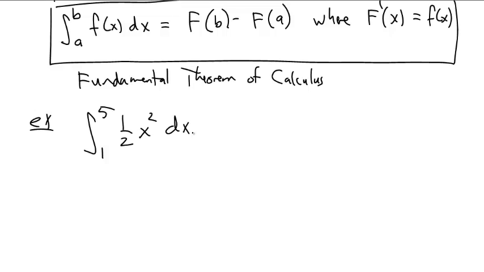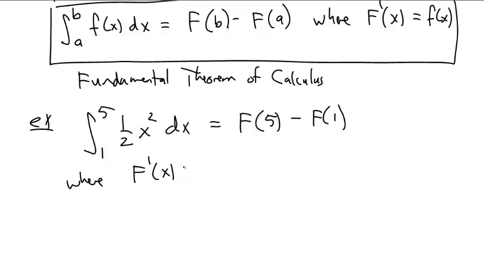And this is tricky. We could do this with a Riemann integral, Riemann sum. We don't feel like doing that. It is just going to be F of 5 minus F of 1, where, here's the tricky part, the derivative of that function has to be the original function, 1/2 x squared.